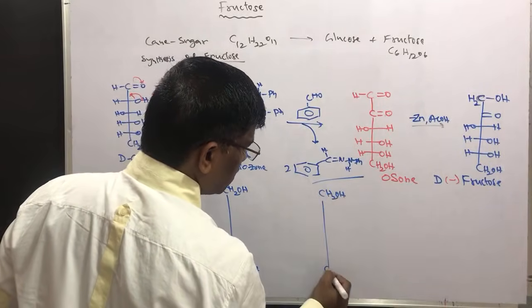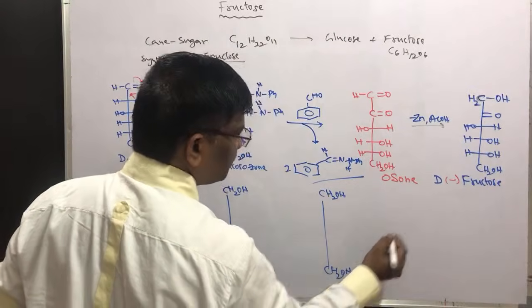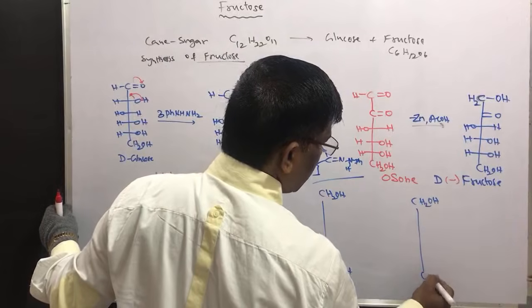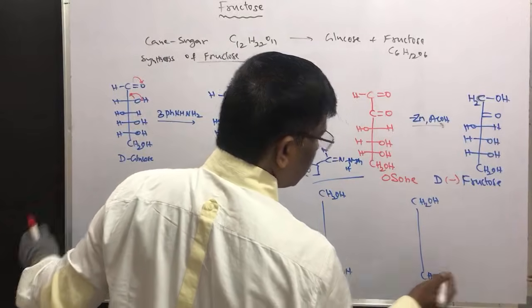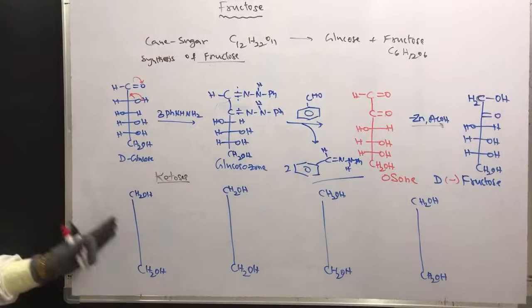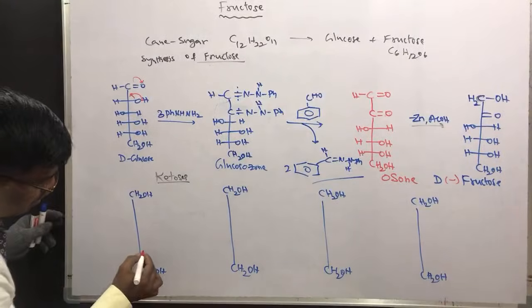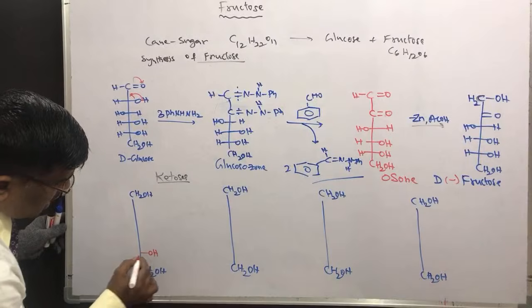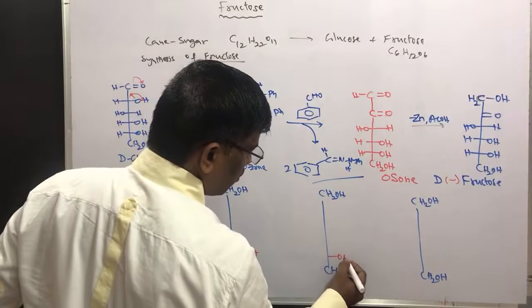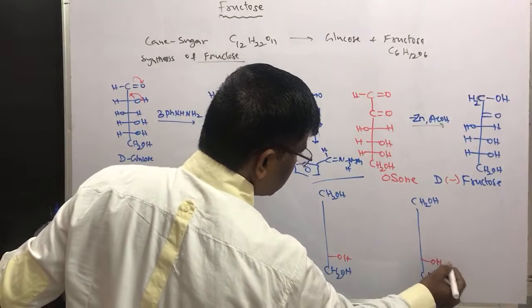You can prepare from the 6-carbon carbohydrates, if you take allose or altrose, you are going to get this compound. So this is OH on the right side. In all compounds, OH right side, OH right side, and OH right side.